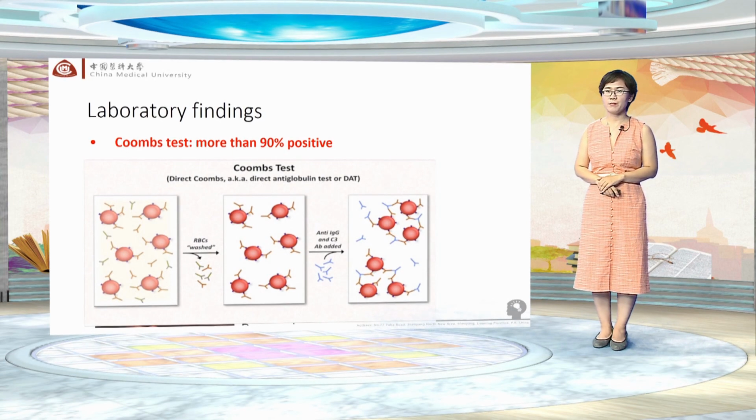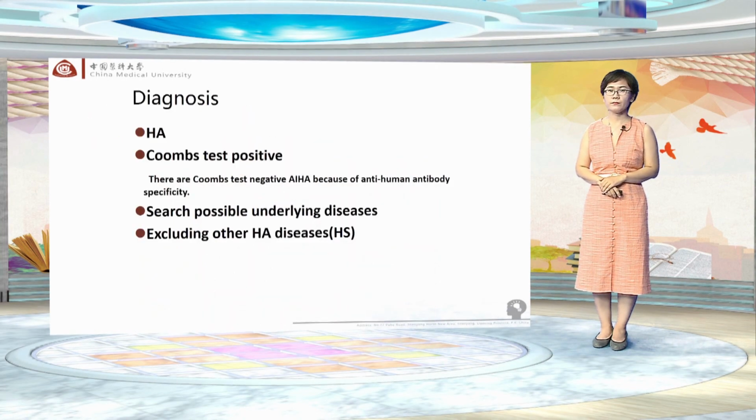Coombs test is the gold standard. More than 90% of patients are positive. After washing the red blood cells, antibody firmly bound on the red blood cell is detected by anti-IgG or C3 antibody. A positive test infers autoimmune hemolytic anemia. Diagnosis is based on hemolytic anemia and positive Coombs test.